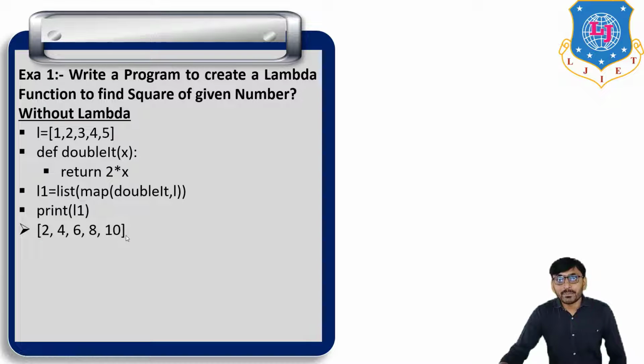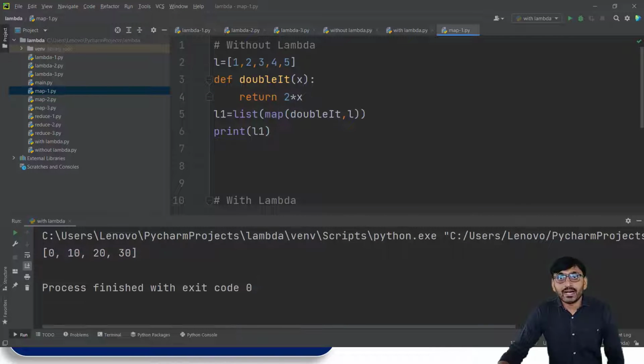Now this same program we run in PyCharm. So without lambda, first we discuss without lambda, L is a list, then def double it and in the brackets x, def is the keyword, and double it is the function name. Now it returns 2 into x.